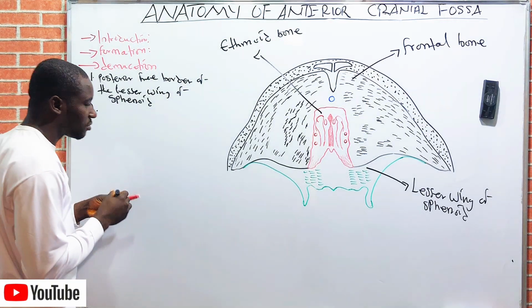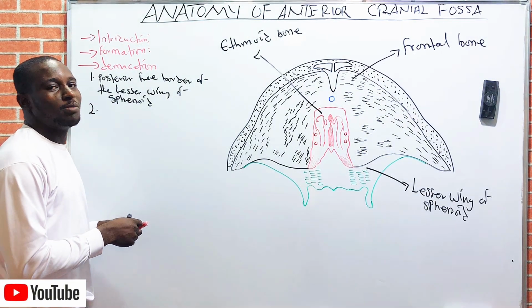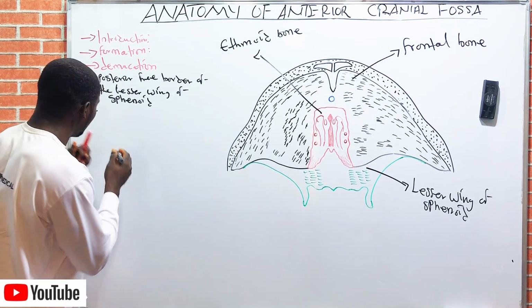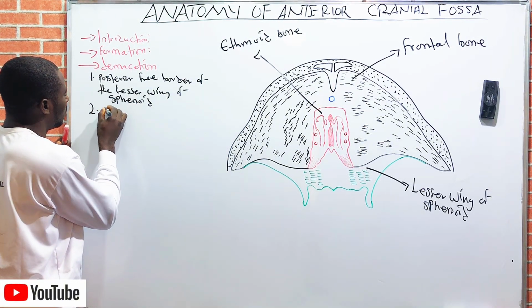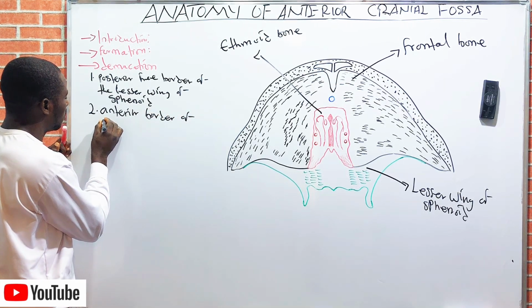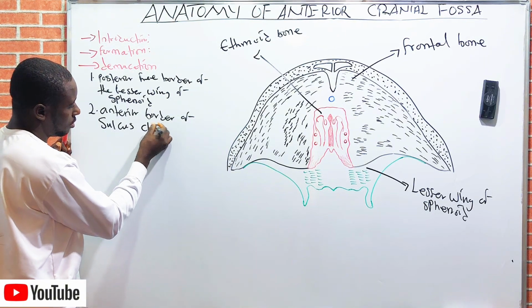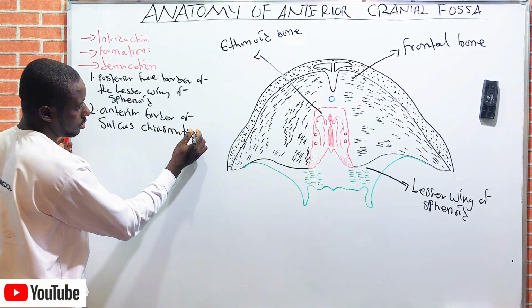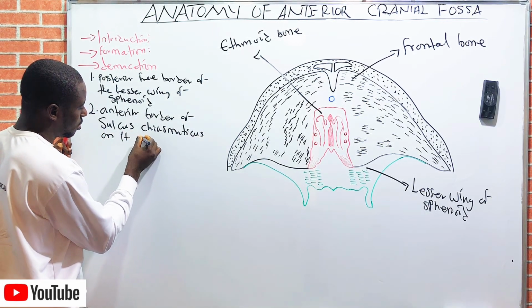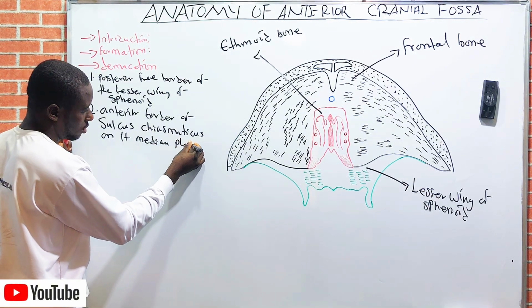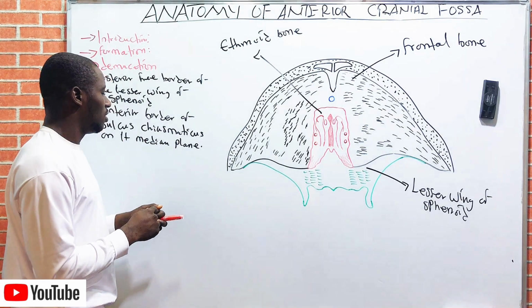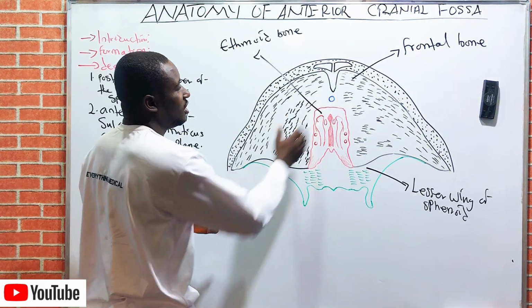Now, number two is the anterior border of the sulcus chiasmaticus, or the prechiasmatic sulcus, on its median plane, or on the midline region.